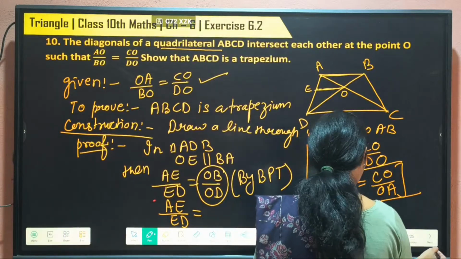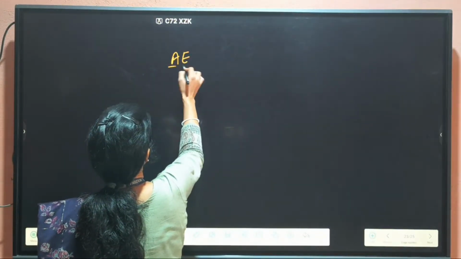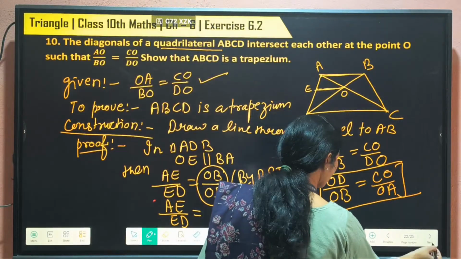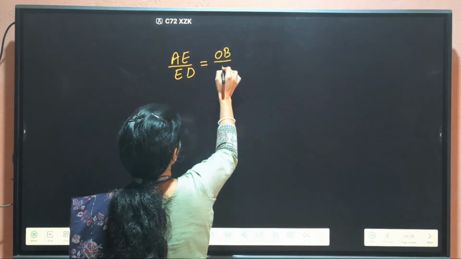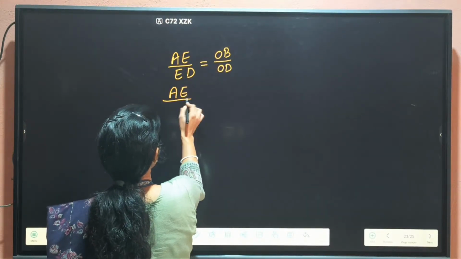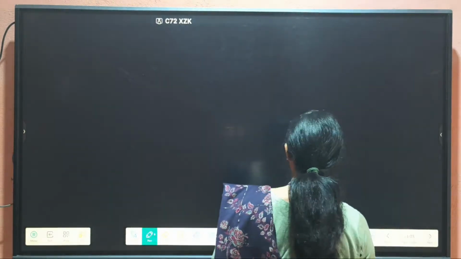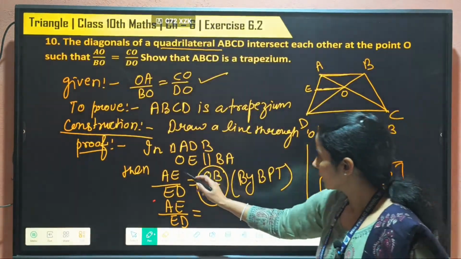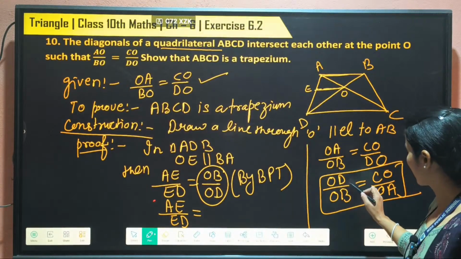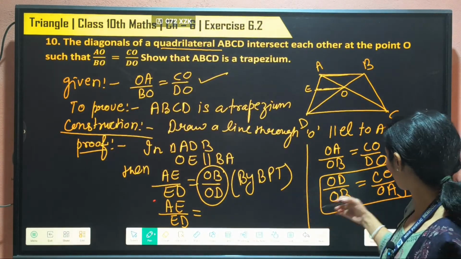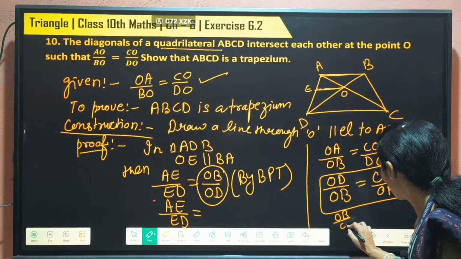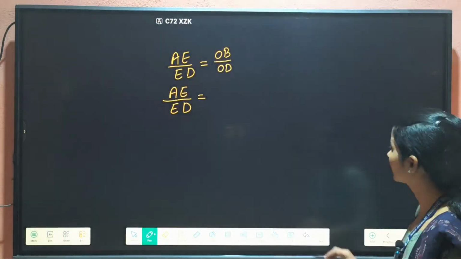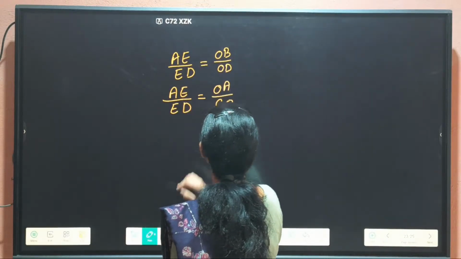AE by ED is equal to OB by OD, and in place of OB by OD we can take its reciprocal. This will be OA by CO. Let us check.